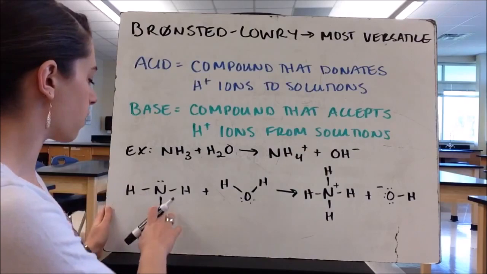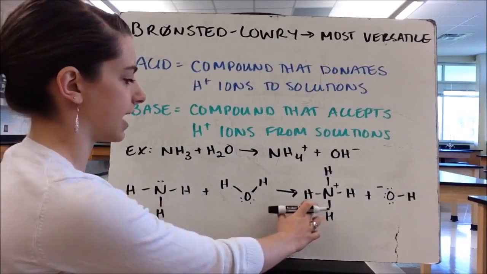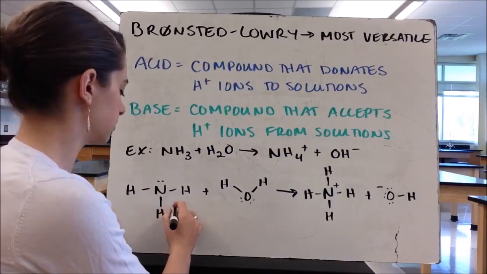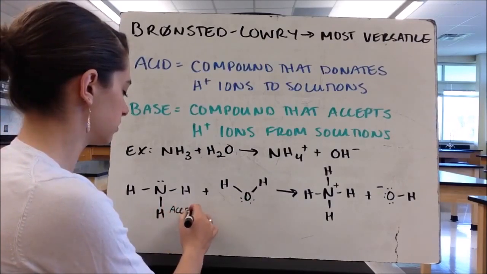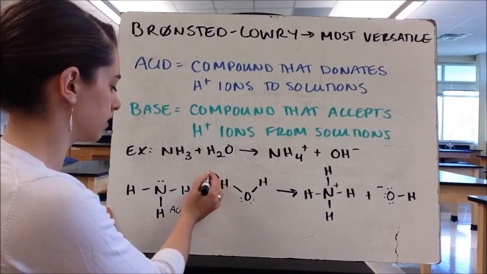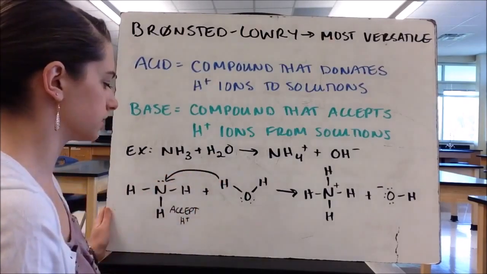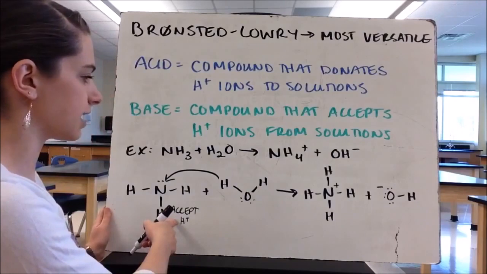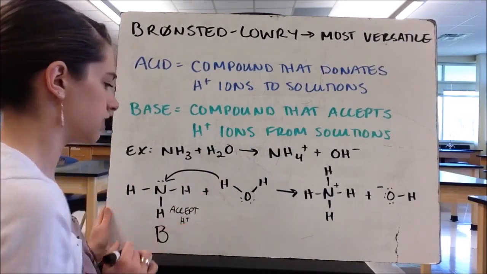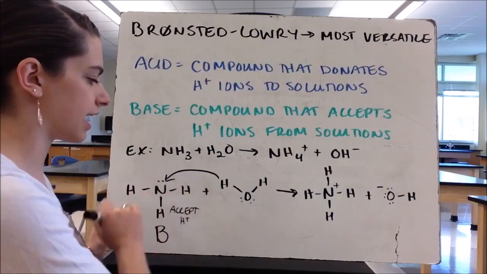Well, in order for NH3 to turn into NH4+, the NH3 needed to accept an H+, and it's actually going to get it from the water. If it's accepting a hydrogen, that means it's going to be the base. And where did that hydrogen come from?